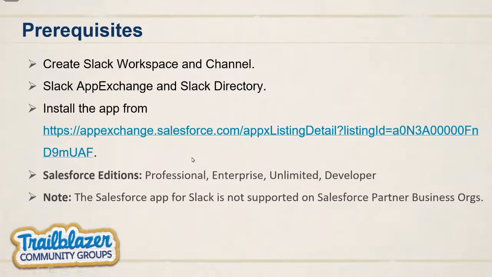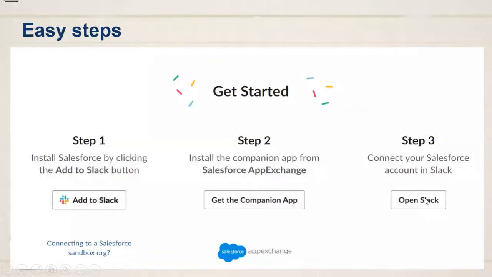This is the link to download the AppExchange product. The important thing is, as of now, it supports only Professional, Enterprise, Unlimited, and Developer editions, and it does not support the Salesforce partner business org. That's all about the prerequisites. As I mentioned earlier, this is an easy step, we can do it by configuration only.